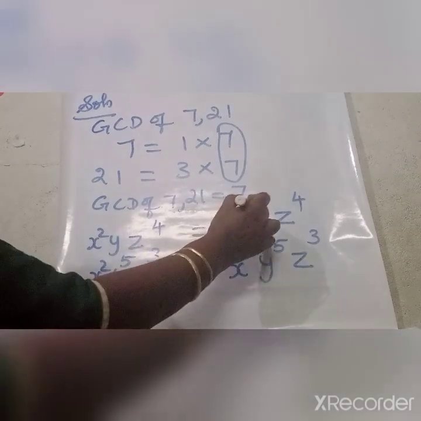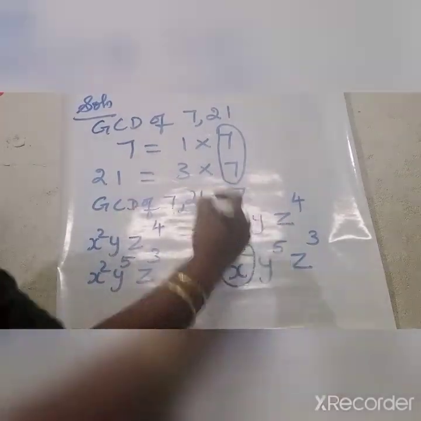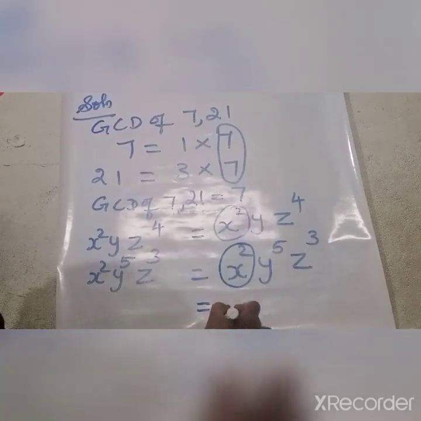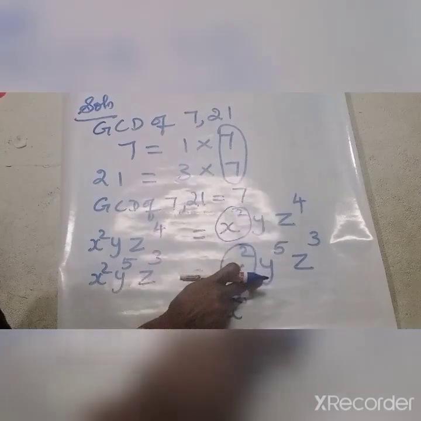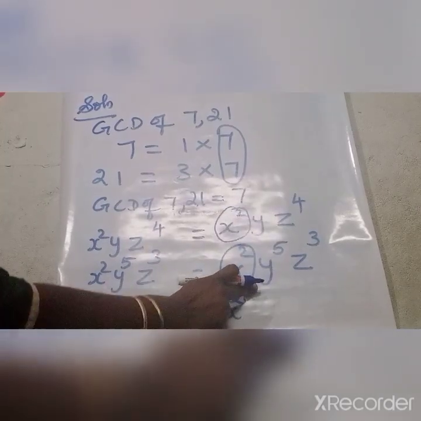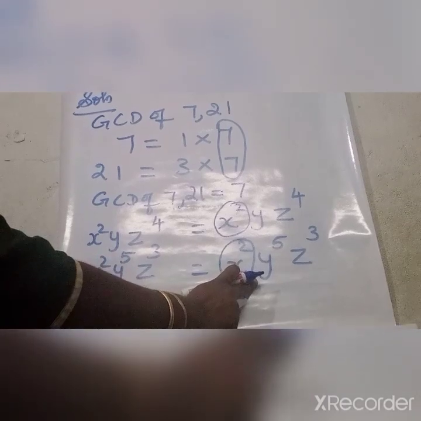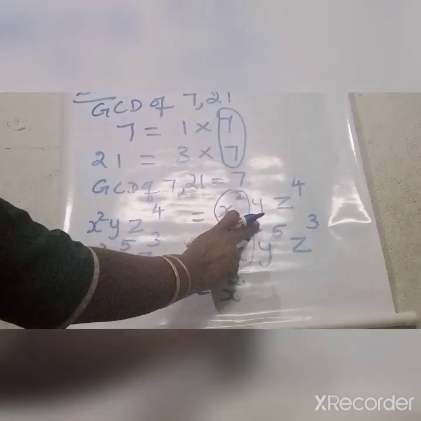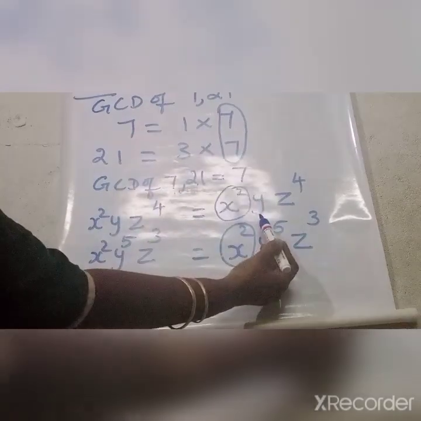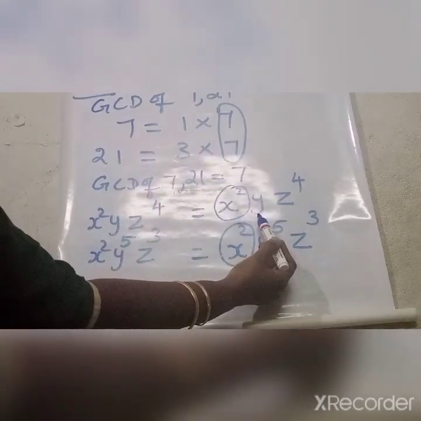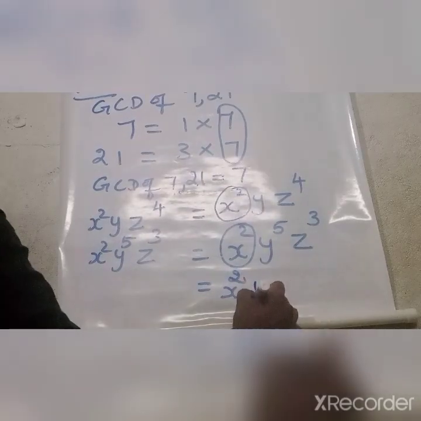Here x square, which is the common? X square is the common. Here y term, y means y power 1. Here y power 5. For GCD we have to select the least power term. Which is the least power? Y is the least power. Y means y power 1 we have to consider. So that we have to select.